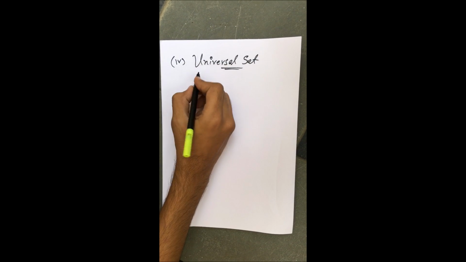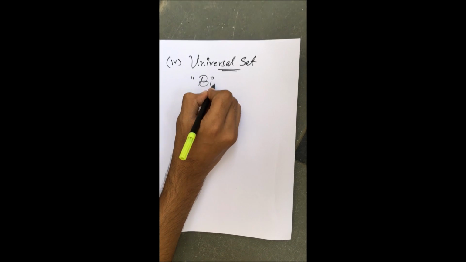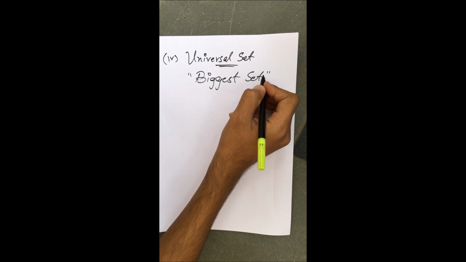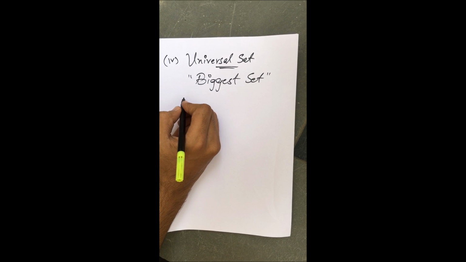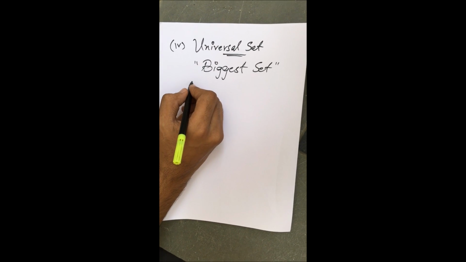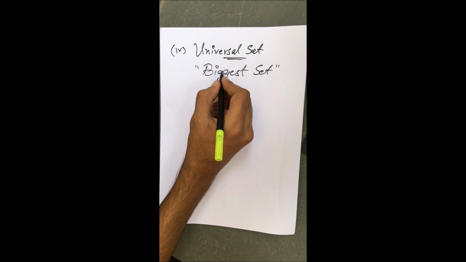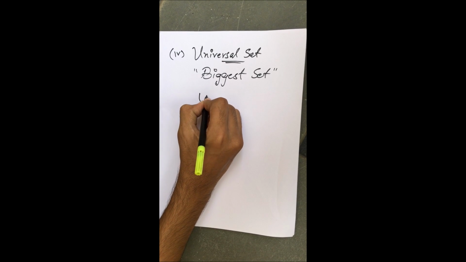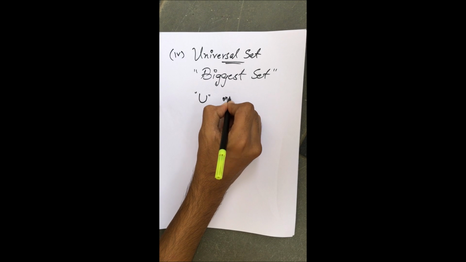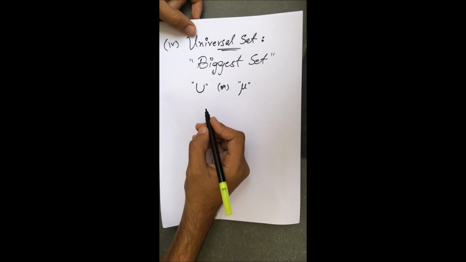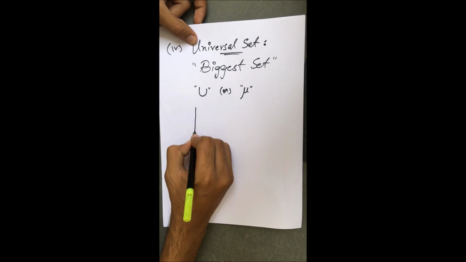The universal set is the biggest set of all the sets. All the sets belong to the universal set. That is, every set in this universe, or the sets that exist, belong to the universal set. The universal set is denoted by the symbol U or the symbol mu. To explain this concept of universal set, I'll draw a Venn diagram.